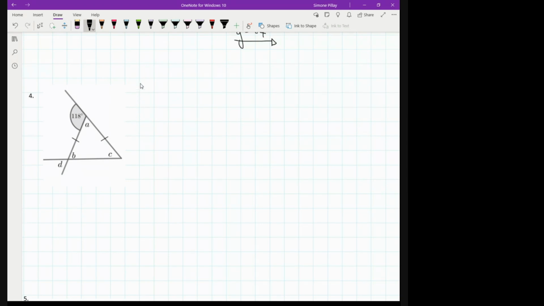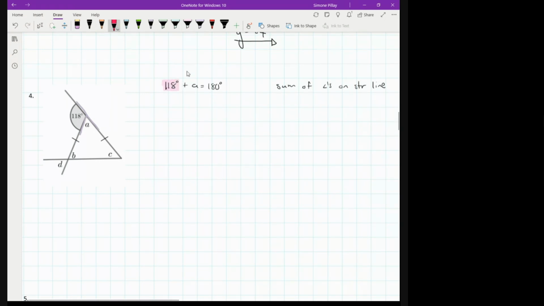I see angles on a straight line, which is a plus 118 is equal to 180. Sum of angles on a straight line. Then we have 118 on the side with my variable.